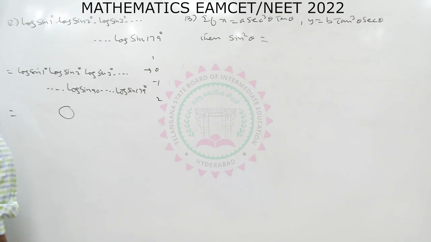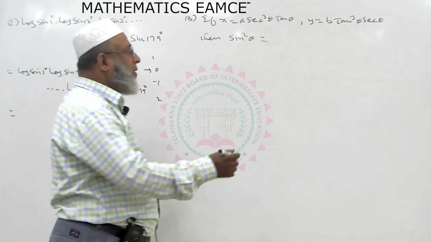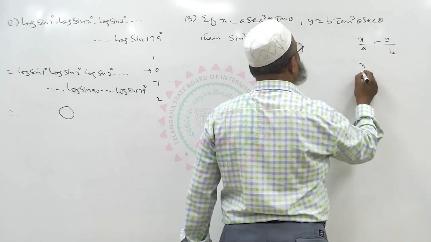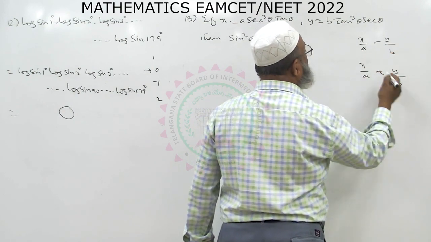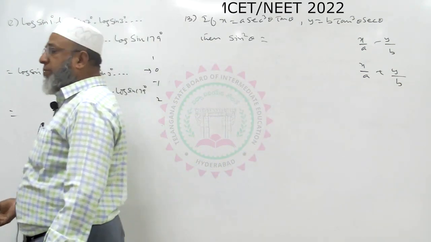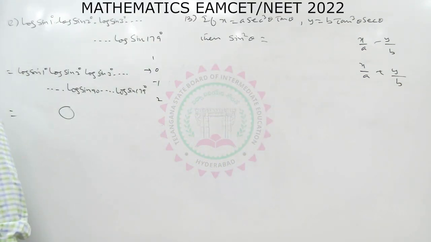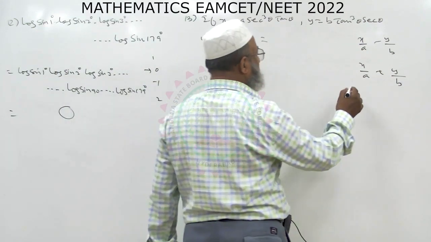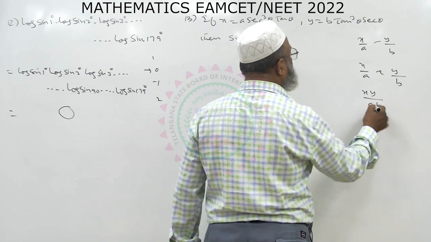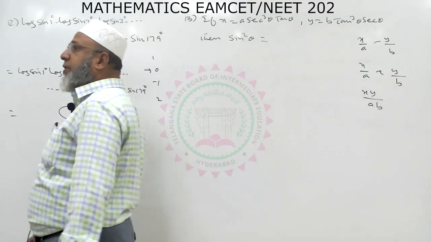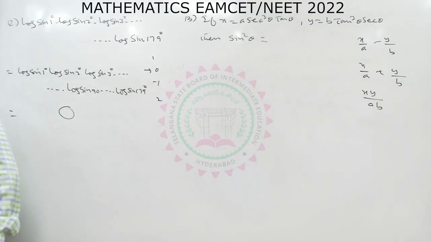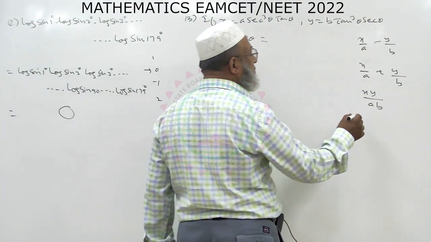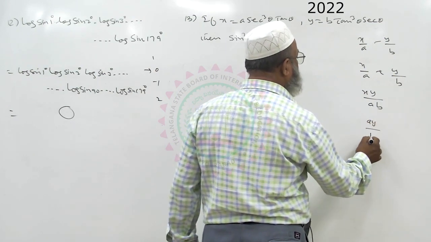The options are x by a minus y by b, x by a plus y by b, third one is xy by ab, and fourth one is ay by bx.